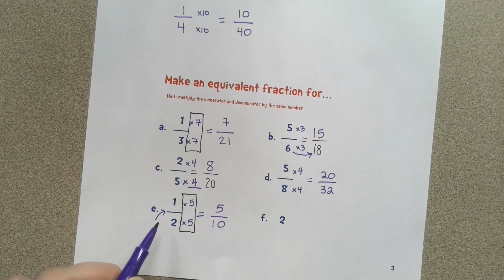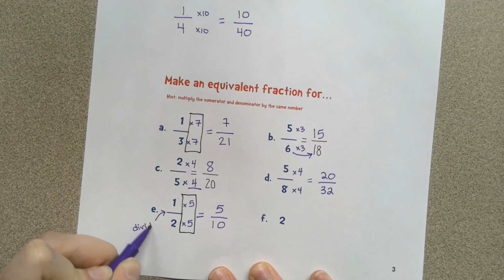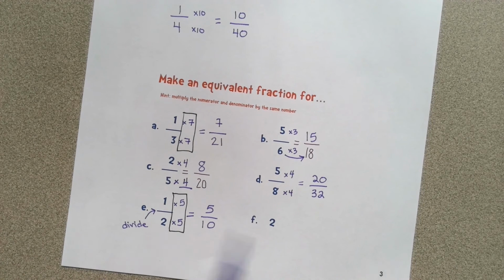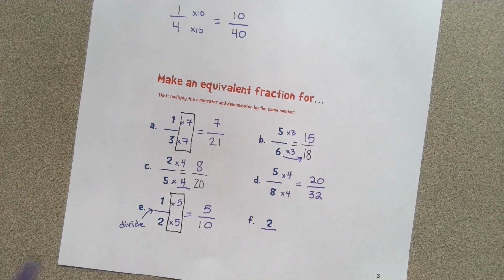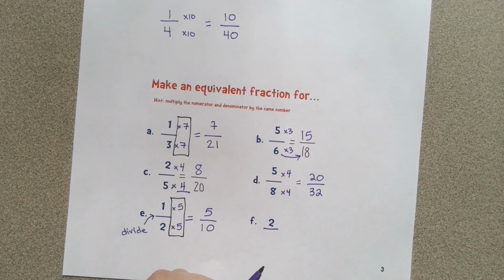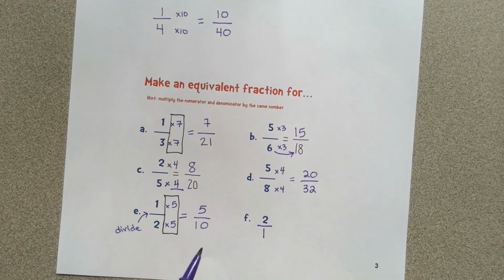And that's what we're doing here. We're going to divide by some number in the denominator, and it has to remain 2. What number can we divide by where this will keep the value of 2? That number would be 1. 2 divided by 1 is still 2 because they all stay together in the same group. 2 divided by 1 is 2.